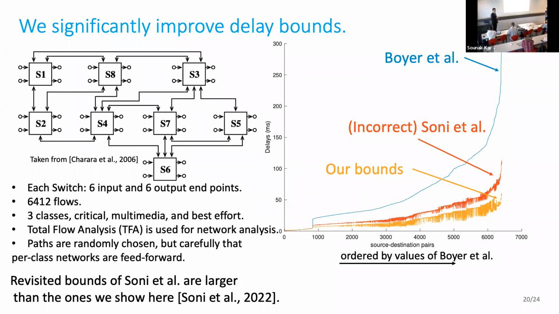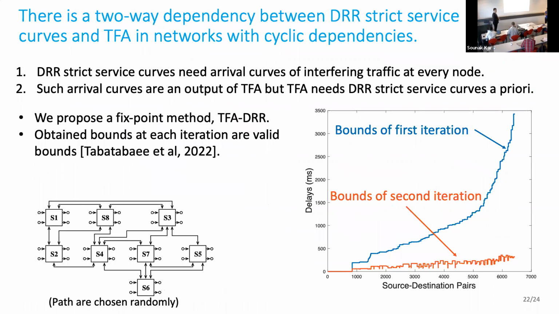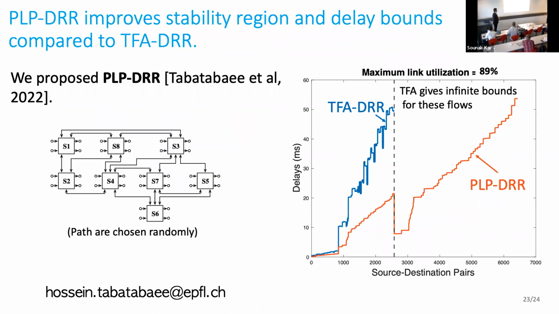There's another question. You consider that we're also implementing cyclic dependencies. If there is a cyclic dependency, how do you know where the starting point is?